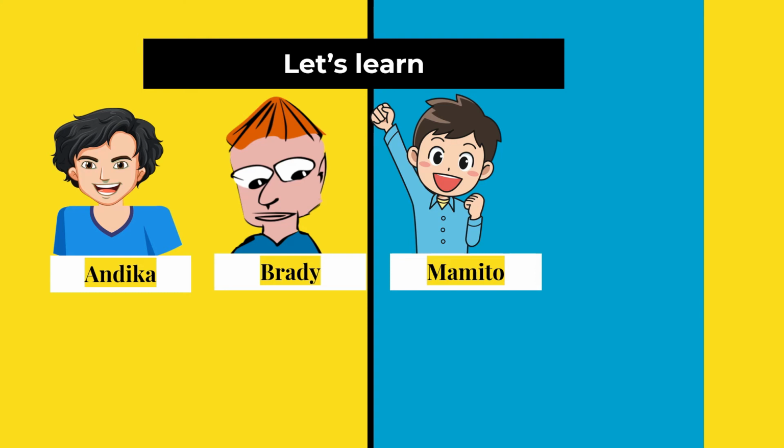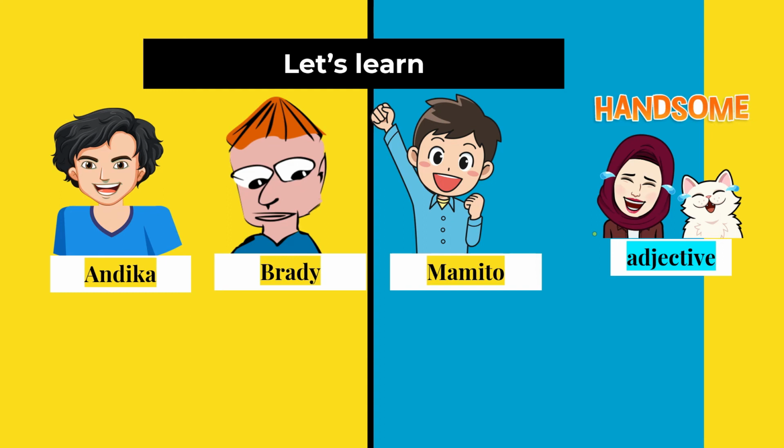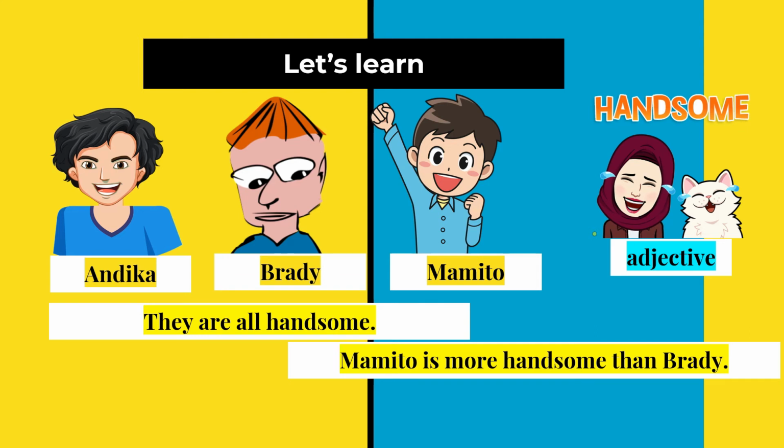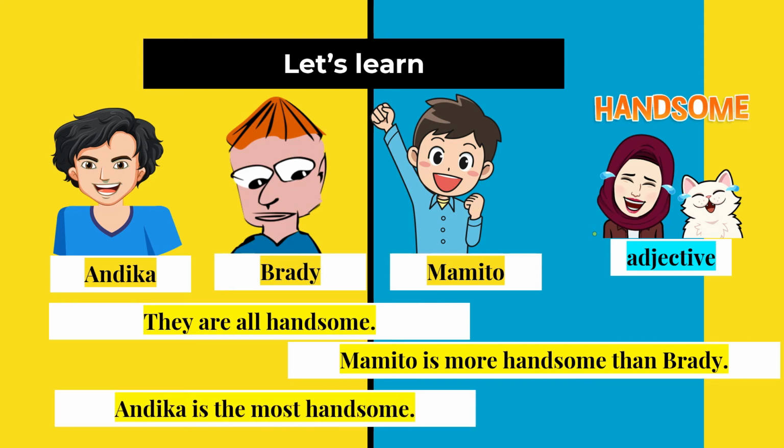So what is the adjective for these three boys? What do you think? Handsome? Alright, handsome. They are all handsome. Now, let's compare them. Mamito is more handsome than Brady, right? Andika is the most handsome. Yes, I think everybody agrees with me.